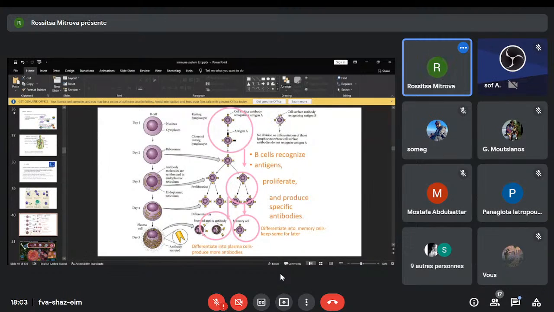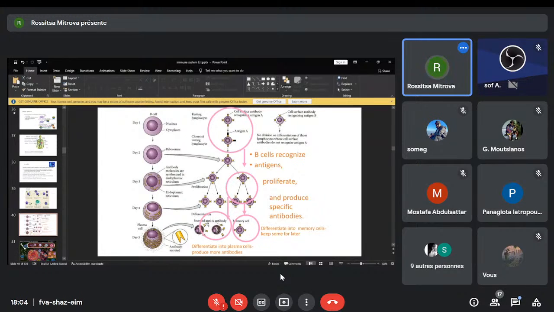This lymphocyte does not divide, does not differentiate, because it can recognize only antigen B. Each lymphocyte recognizes specific antigens.